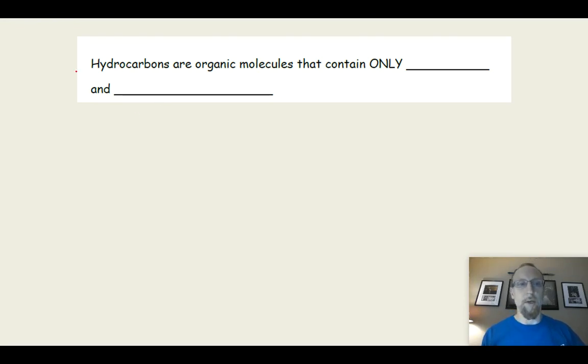So it has the word hydro and carbon in it because these are molecules that contain only carbon and hydrogen. So they just contain two elements. But if you look at the numbers of each you can have, the different bond formations, and there's a lot of different possibilities. So there's a lot of different compounds just containing these two elements, carbon and hydrogen.